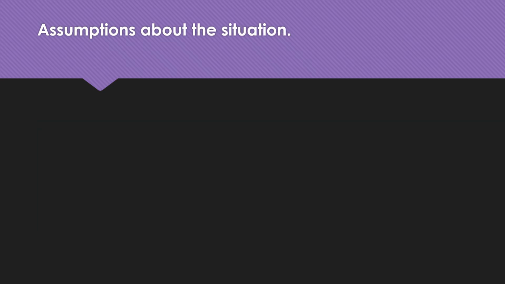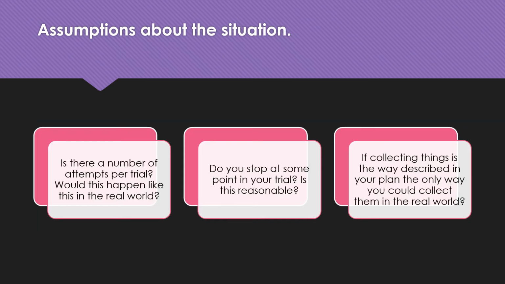Now, assumptions about situations. This is slightly more complicated, but not too big a thing. You're going to be given the situation, as I've stated, and you might be given the number of attempts per trial. So they might say, you go to a place every day for a week.